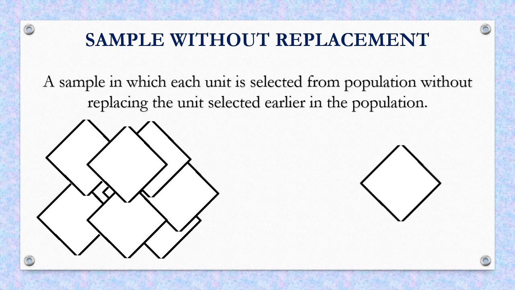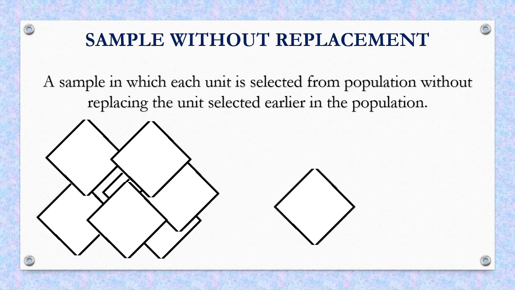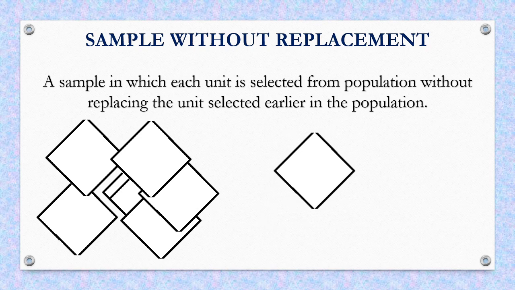If I am selecting one chit, I am reading it and putting it away. Then I am selecting another chit, reading it and putting it away, and so on. I will select another chit, read it and put it away. This way I will select my 3 chits without replacing the earlier selected chit back into the stack of chits. I hope you guys understood it looking at these figures better.